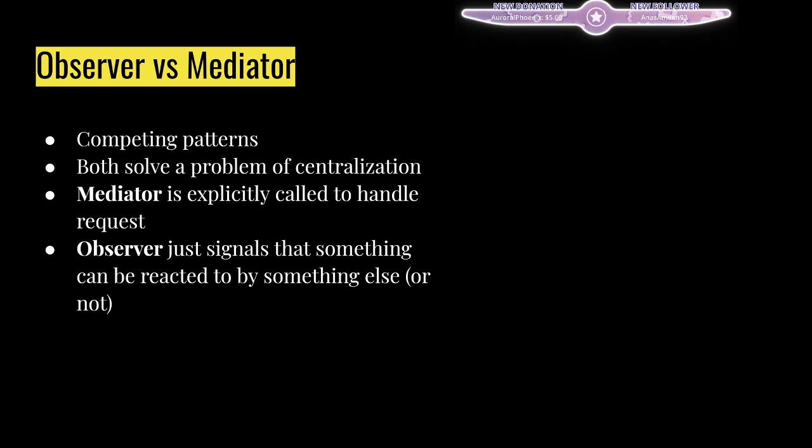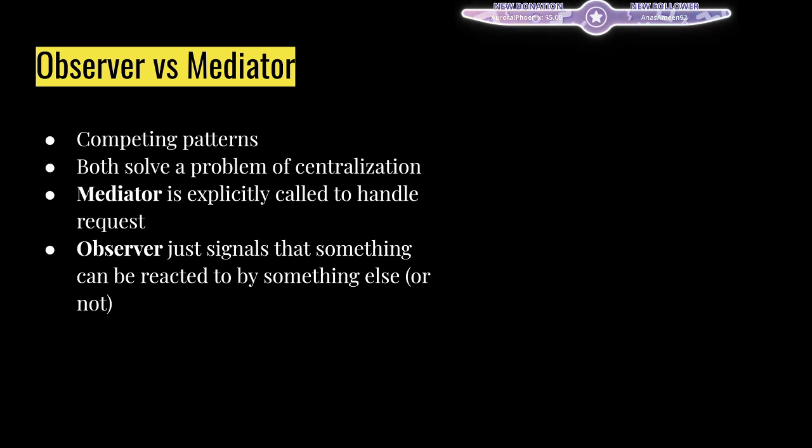So observer is like a configurable mediator in that regard, in that it allows you to expose something that you could react to, but maybe not. However, with mediator, if it does have a request, it will always have a handler. And if it doesn't, it's broken.